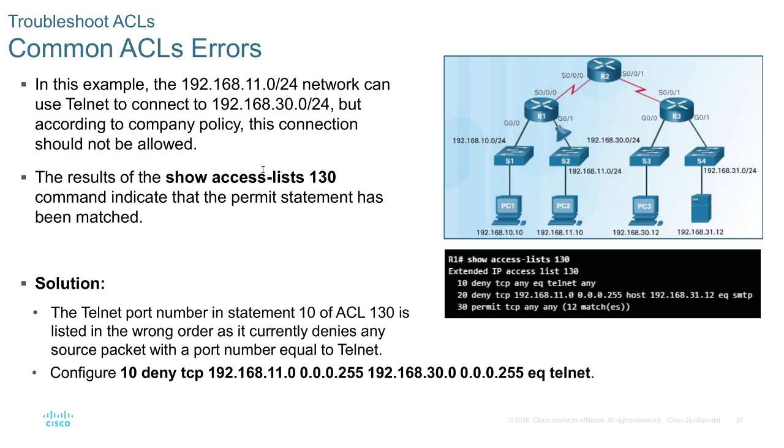One of the other common errors is in this example, where the 11.0 network can use telnet to connect to 30.0. But the statements here are put in the wrong order, because we have the permit later and the deny first.